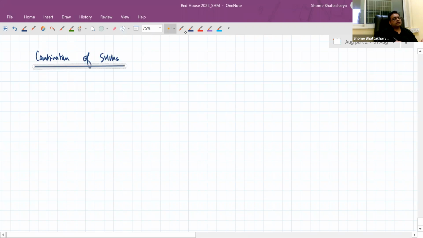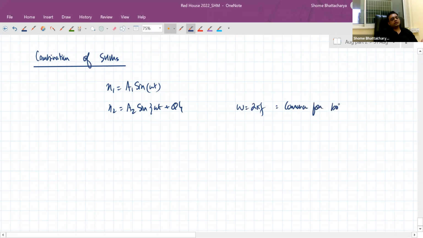So we are looking at this kind of situation, where x2 has some different amplitude but the same angular frequency and a phase difference. So omega, which is 2 pi f, is common for both x1 and x2. Then we say phi over here is the phase difference between the two SHMs.